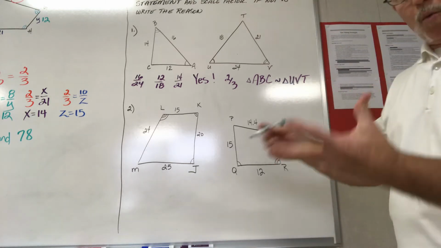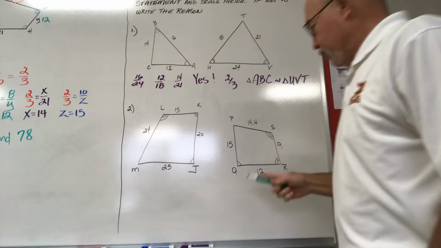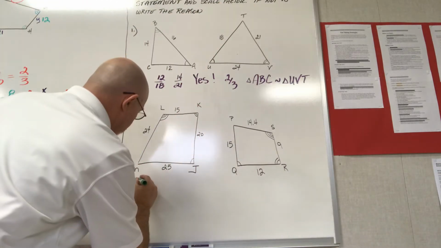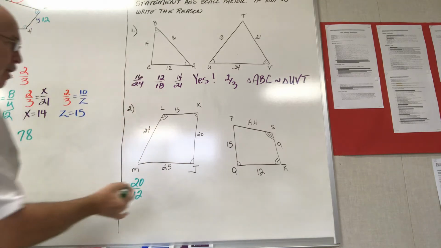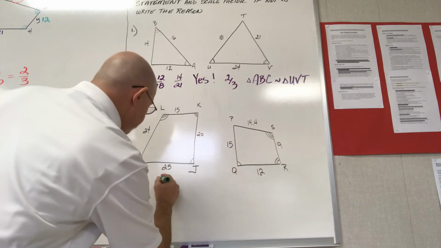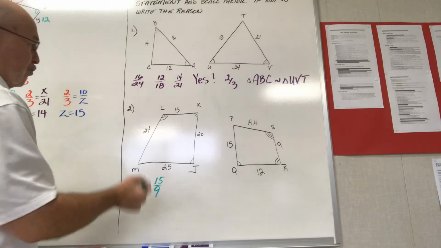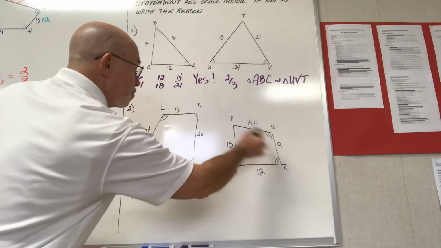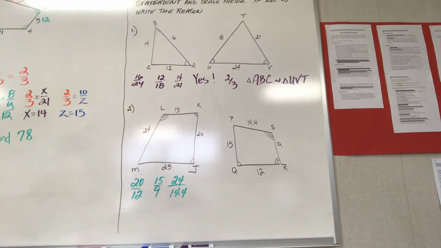Now down here, we're going to do it the same way. We have to match. Okay? So I'm just going to go 1 to 2, 1 to 2. So 20 over 12. Okay? And then the 2 to 3, 15 over 9. Okay? And then the 3 to none. Don't freak out if there's decimals.